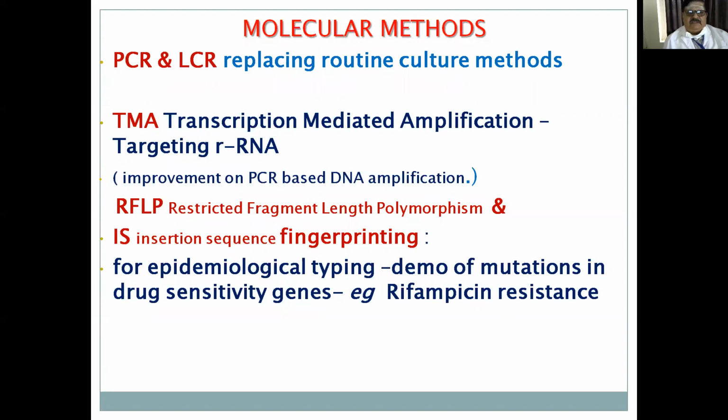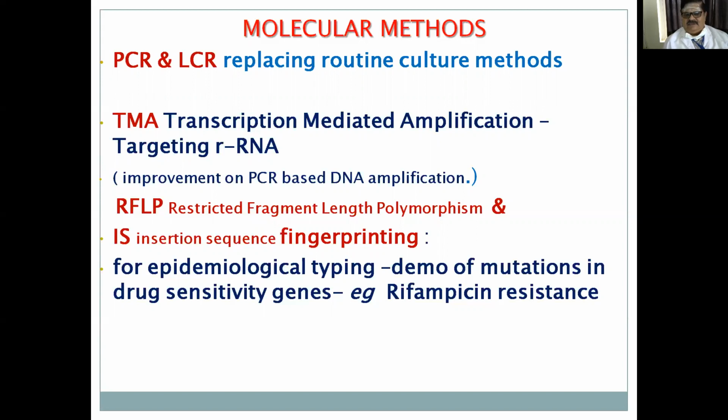Coming to molecular methods, as I told you in the last class, PCR and LCR are replacing routine culture methods. Polymerase chain reaction, ligase chain reaction. TMA, transcription-mediated amplification, to target the rRNA, and RFLP, restriction fragment length polymorphism.